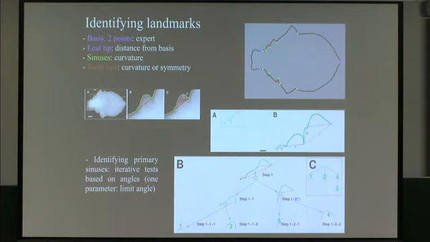We have a hierarchical algorithm to define whether the teeth are primary or secondary, using the angles between the teeth and making successive tests. From there we would know that this whole thing here is the first tooth, and this would be the first main sinus, the second main sinus.